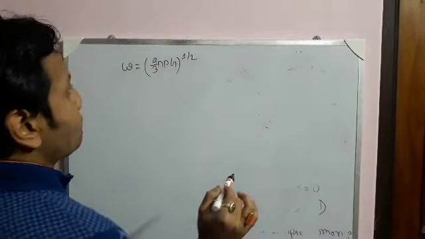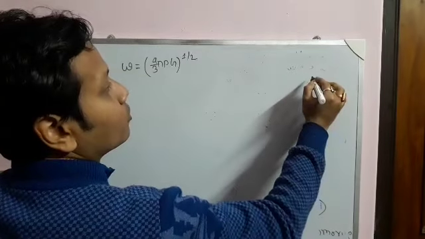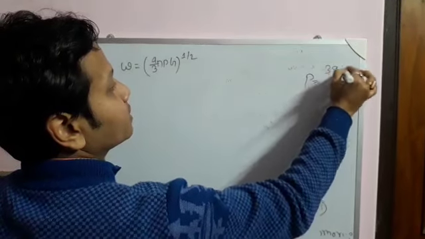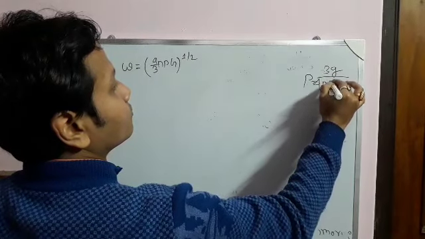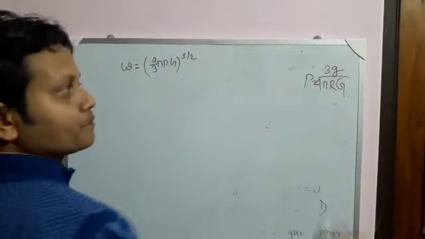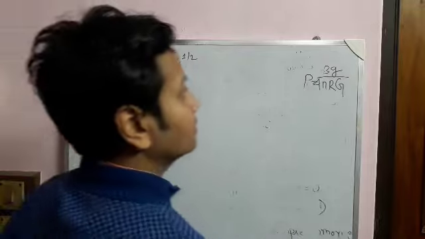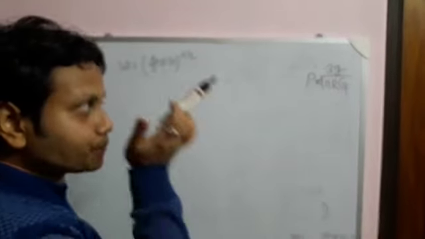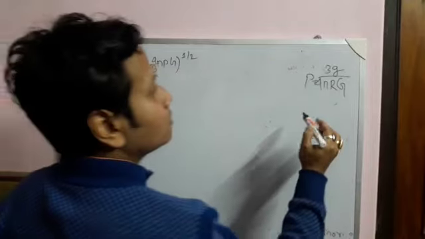Okay. Now we again know that the density of earth can be written in this way, 3g by 4 pi R G. Density of earth can be written in this way. How?